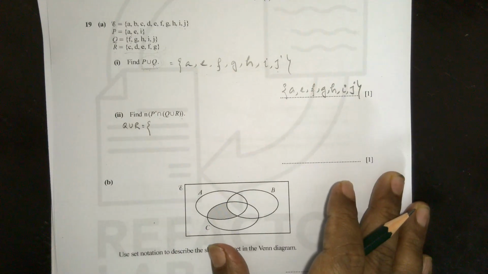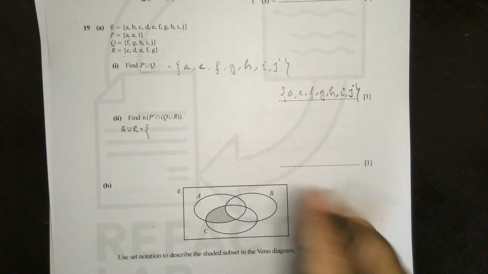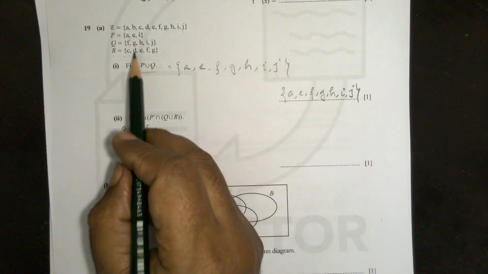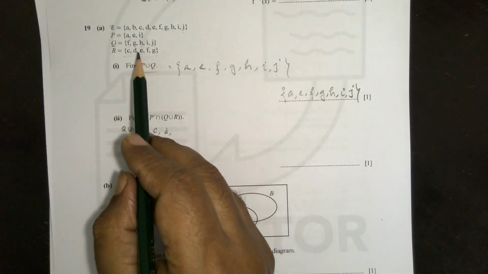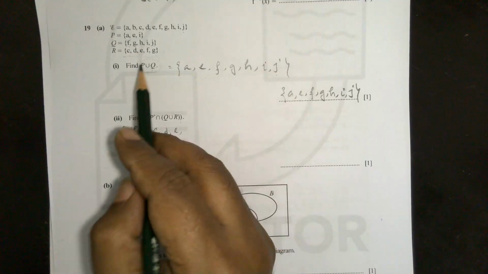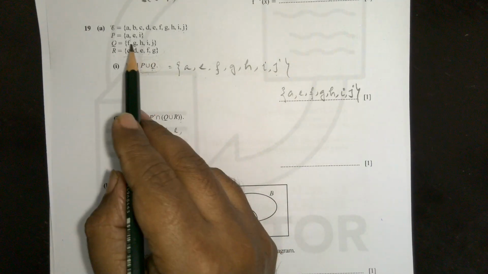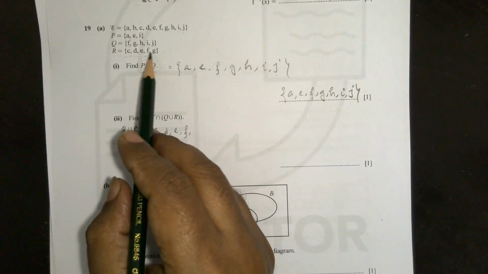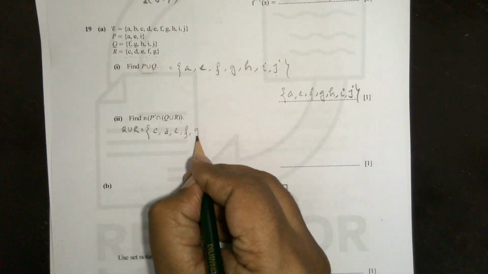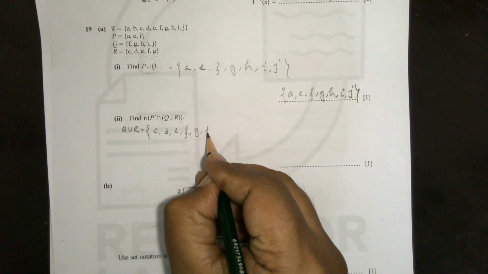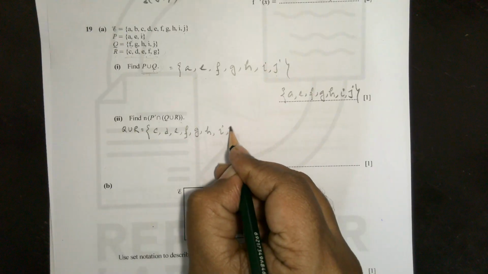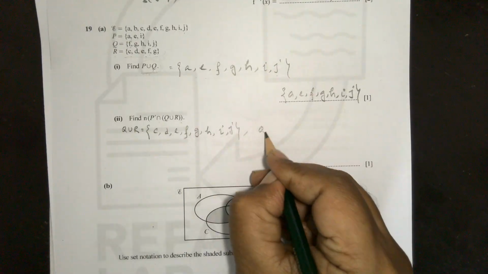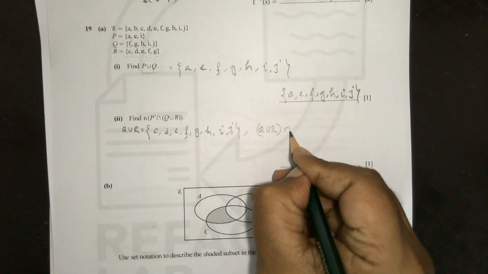That starts with C. So I'm writing C, then D, then E, then F. F is in both of the sets, so F will come once. Then G is in both of the sets, so G will come once. Then H, I, J.